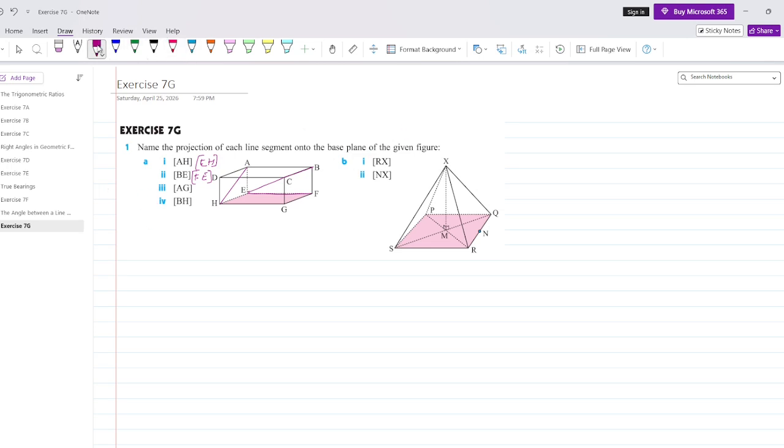I'll try this one. In this figure, RX is this line. Its projection is going to be RM. NX is this line. Its projection is going to be NM. Let's go to the next problem.